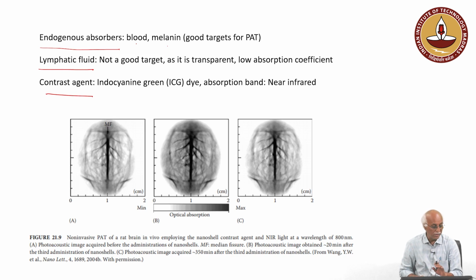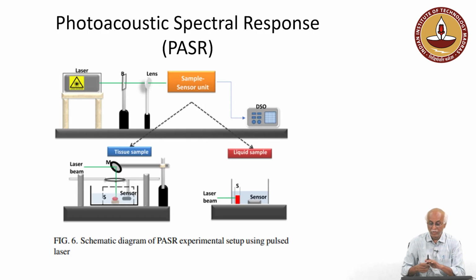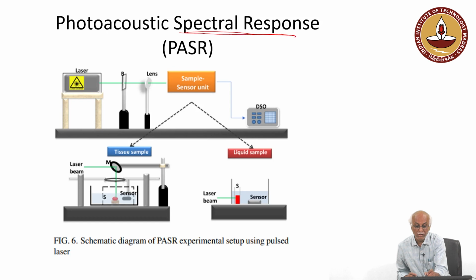So, that is one, and just the last part. If the spectral response can be captured, it is not only capturing the photoacoustic signal and bringing out the image, but now we can distinguish different tissue structures. Okay. So, the approach is very similar.